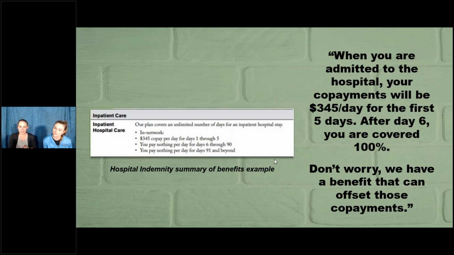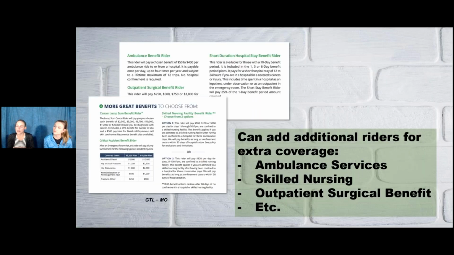One thing I will mention, I love simplicity when it comes to any type of product, but specifically ancillary products. That's one thing that is both a blessing and a curse with these hospital indemnity plans. These plans are by far, in my opinion, some of the most versatile, most personalized, most customizable plans, which is great because you make the client feel like you're building them their own little comprehensive package.